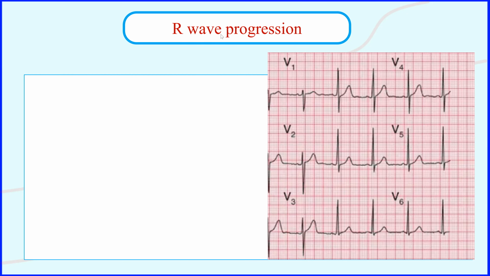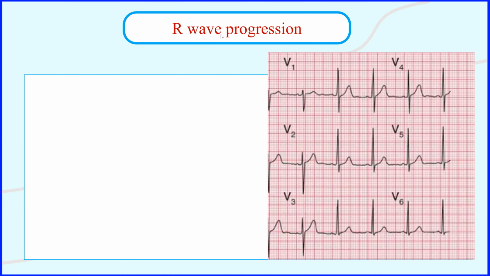So if there is poor progression, meaning that the R wave is not getting longer as we go from V1 to V6, or in V3 the R wave is less than 4 small squares, let's say 3 small squares, 2 small squares, or even 1 small square, in this case we can say this is a poor R wave progression.